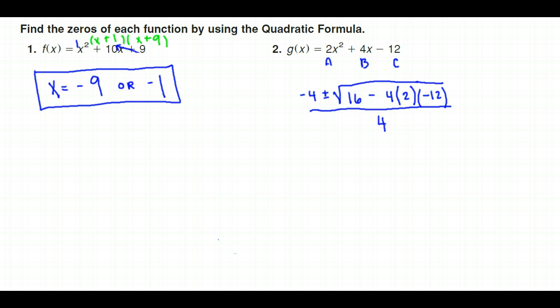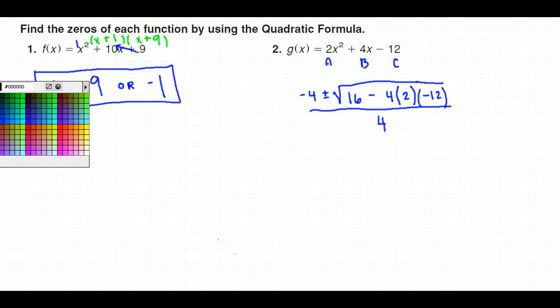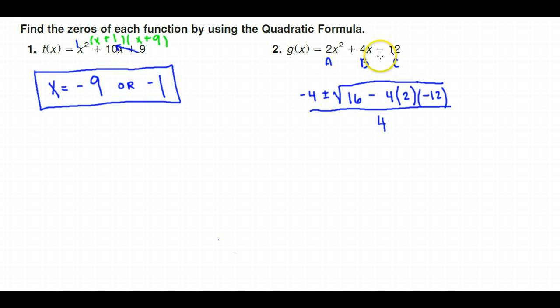Alright, let's clean up what's inside the radical. Remember, this is kind of the key part here. You don't want to screw this part up. Inside that radical we have 16 minus 4 times 2 is 8, and 8 times 12 is 96, but it's a negative 96.